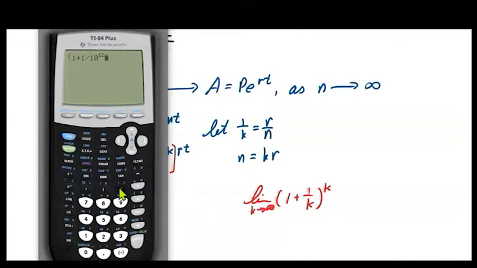Okay, that exponent and a trillion there, right? Are you ready? Do you recognize this number, 2.72-ish?